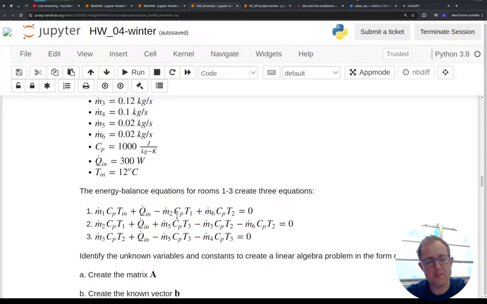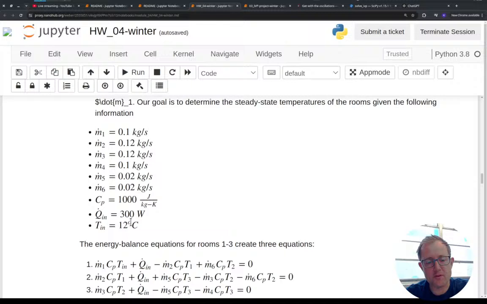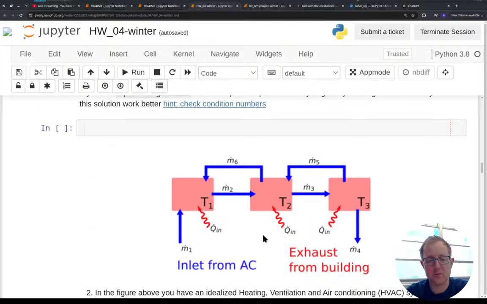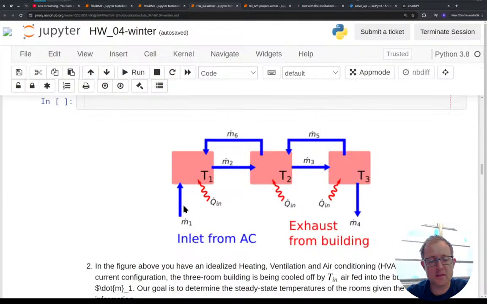So just more information than you were looking for. And then so this problem, I noticed people getting some wild temperatures. For the most part, if you have an input temperature of 12 degrees and you're adding heat to it, it's got to get warmer. Because that's basically what's happening here: we have inlet of 12-degree air going through these rooms. It's got this complicated backfill. But no matter what we're doing, air goes in, we add heat in all 3 rooms, and then air goes out from the exhaust.